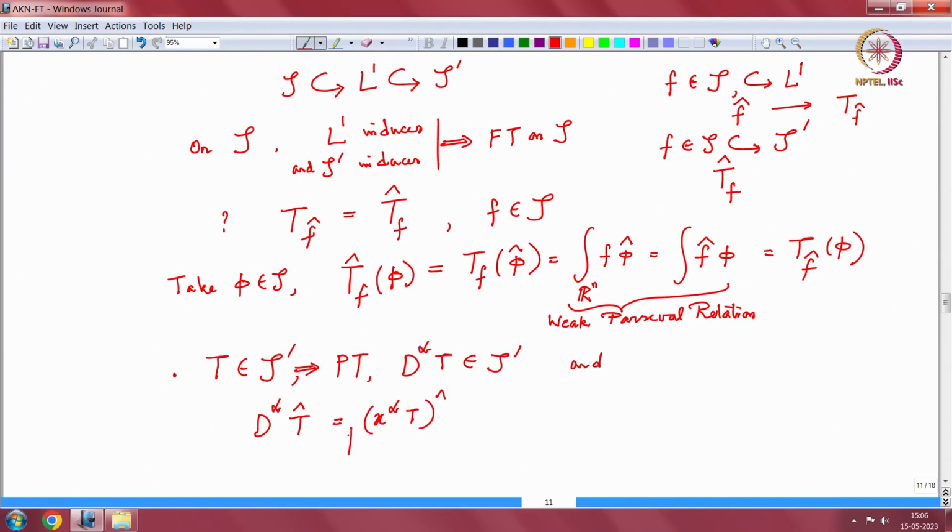There may be a possible coefficient depending on your definition. And you will have D power alpha T hat equal to psi power alpha T hat. Again there may be a possible coefficient. I do not want to, but you can write down all those details.